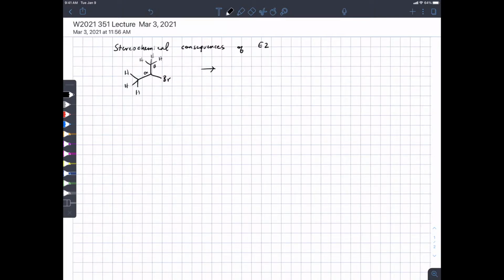Either way, your elimination product from an E2 reaction is this alkene, and there's no stereochemistry whatsoever to worry about. However, we can easily design situations where it becomes more difficult and there are important stereochemical consequences.